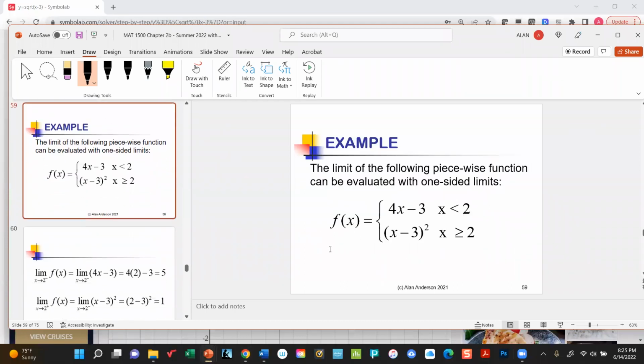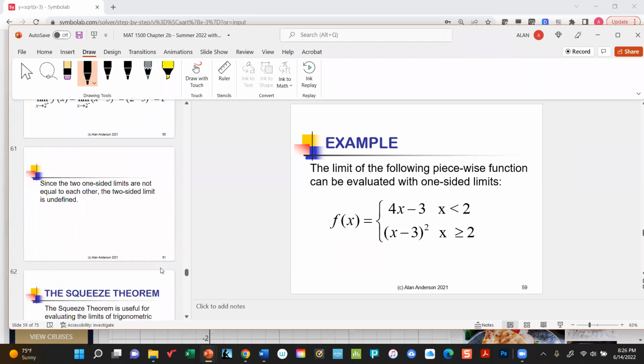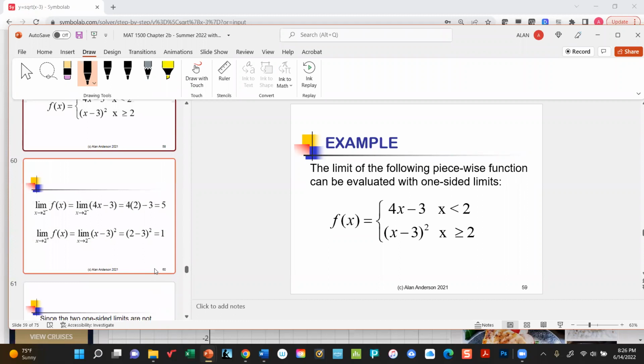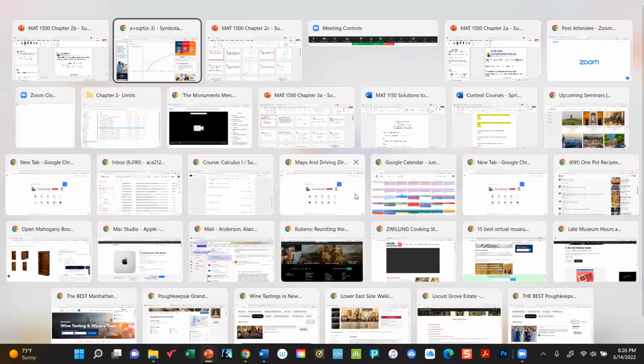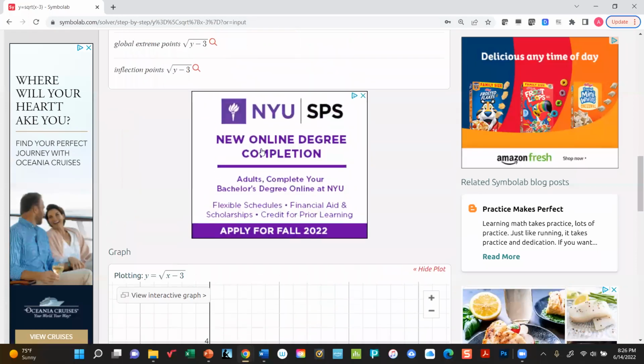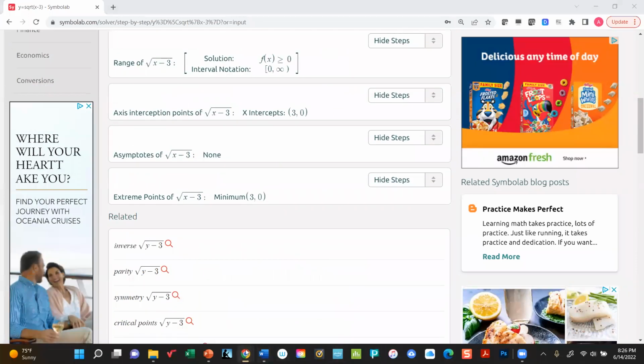Okay, now here's a bizarre case. The piecewise function. That means that it has 2 distinct regions with very different behavior. Now, let's see. I think it's possible to graph this in Symbolab, but I don't remember exactly how. I have to look it up.